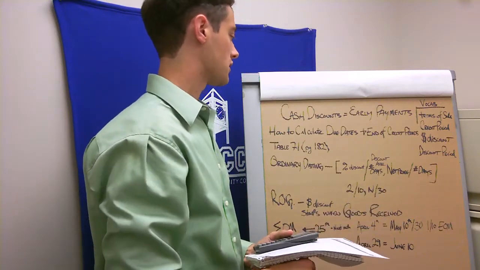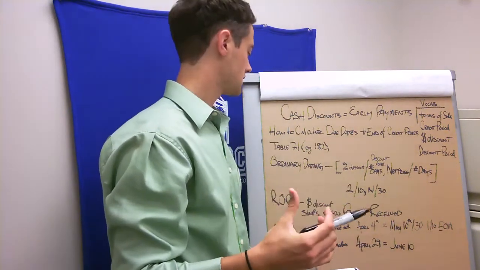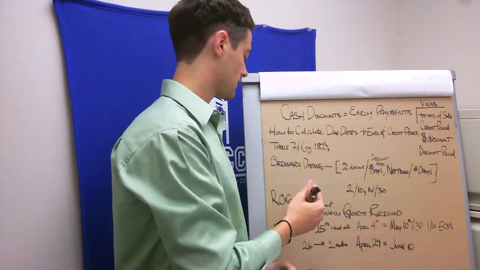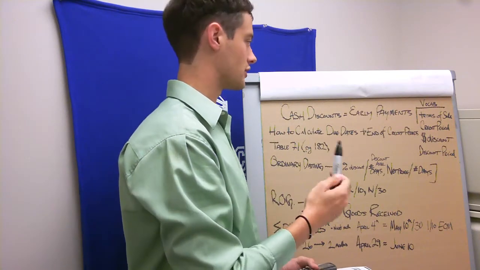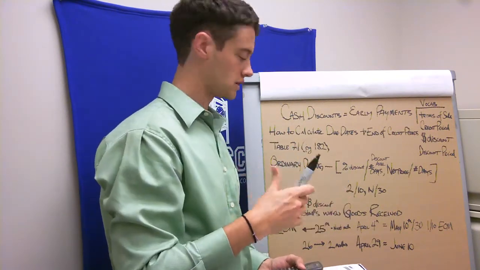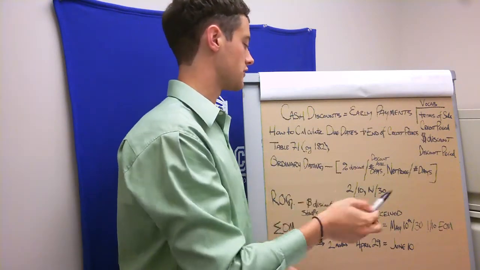But what it broke down into was 3 types of due dates or time periods. They had ordinary dating, ROG, which is receipt of goods, like when you receive the goods, and then end of the month. And so we'll walk through what each of them means.